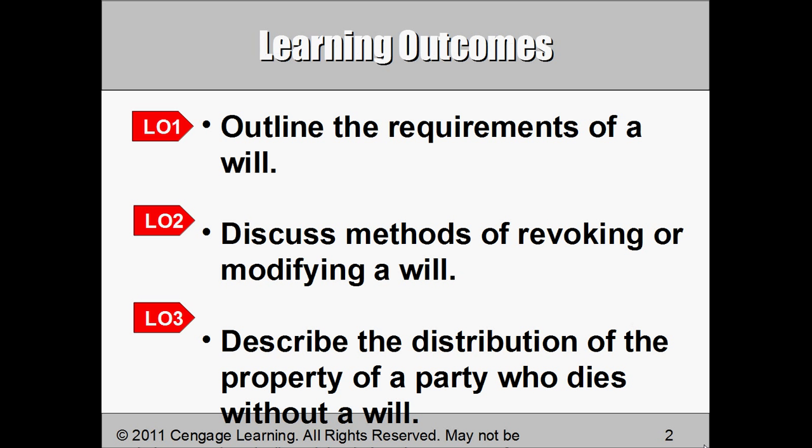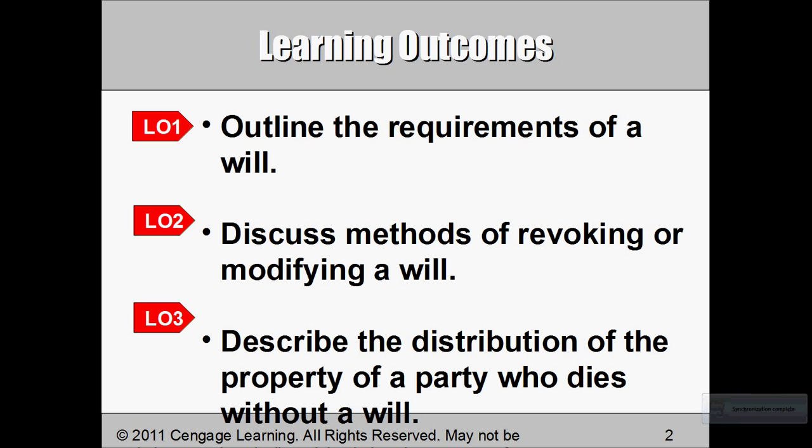Now, let's talk about the learning outcomes that we wish to have as far as this particular lecture. We're going to outline the requirements of a will. We're going to discuss the methods of revoking or modifying a will.